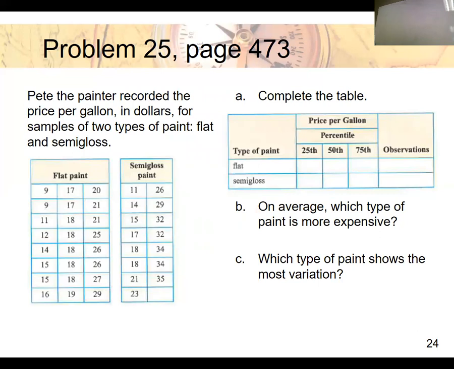So on the left side, you see all the cost per gallon for flat paint and the cost per gallon for semi-gloss paint. Okay. And this right here is the table, part A. I'm going to go ahead and try and reproduce this table that I have up here.